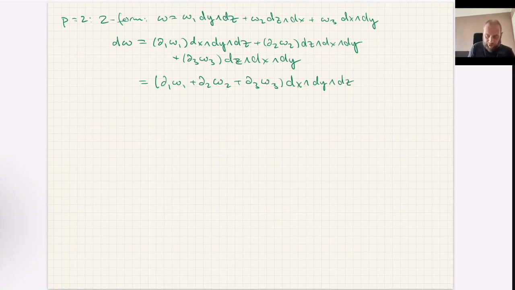This is also something you recognize. This looks an awful lot like the divergence, right? So it's kind of tantalizing to just see that, and we'll see how that plays out in a little while.